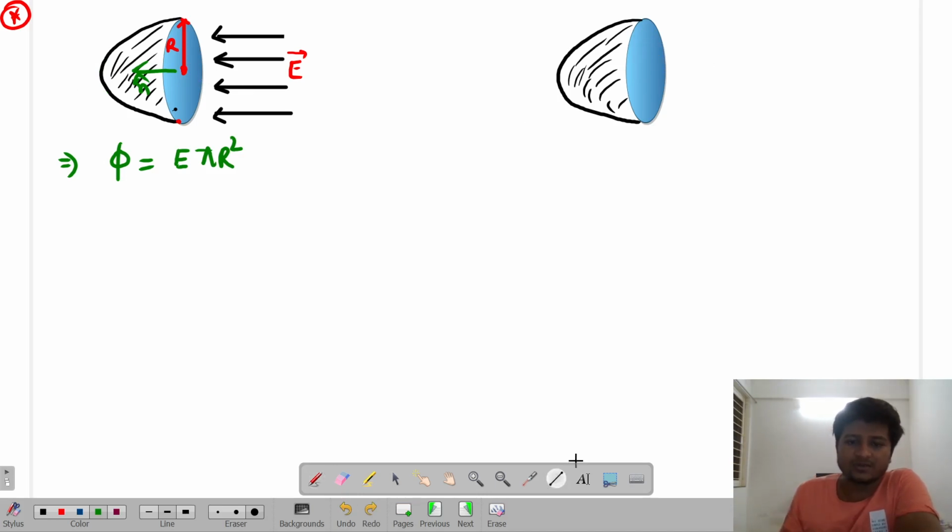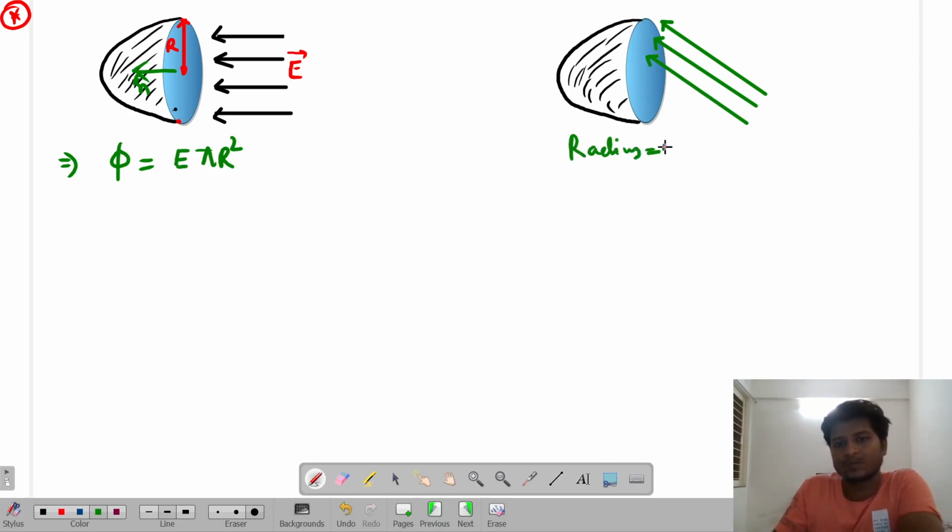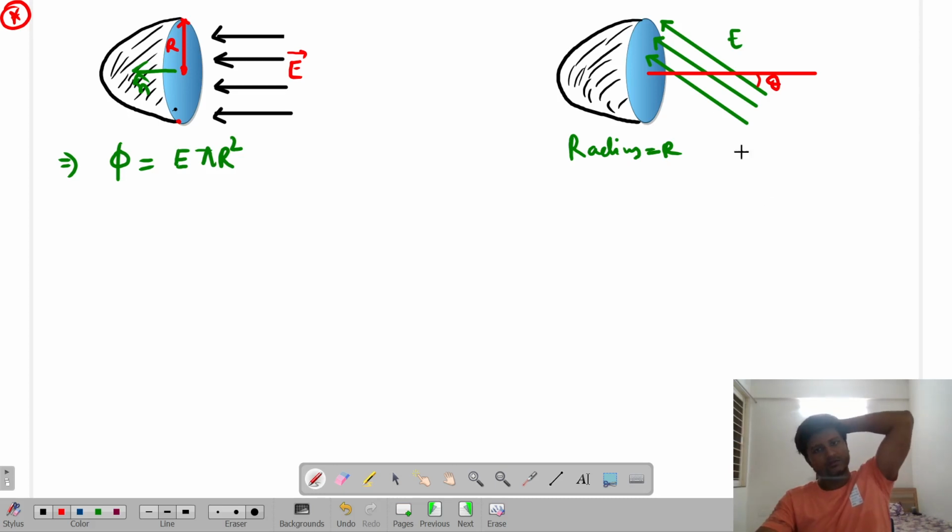Similarly, let's suppose I take the electric field like this, and the radius of the ball is r. Now look once again with respect to the horizontal. These electric field lines make some angle theta with the direction of the normal vector.